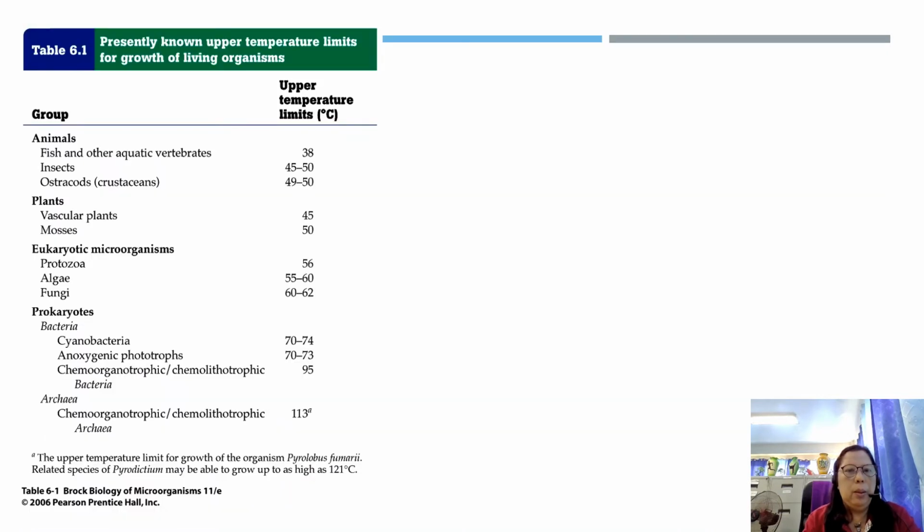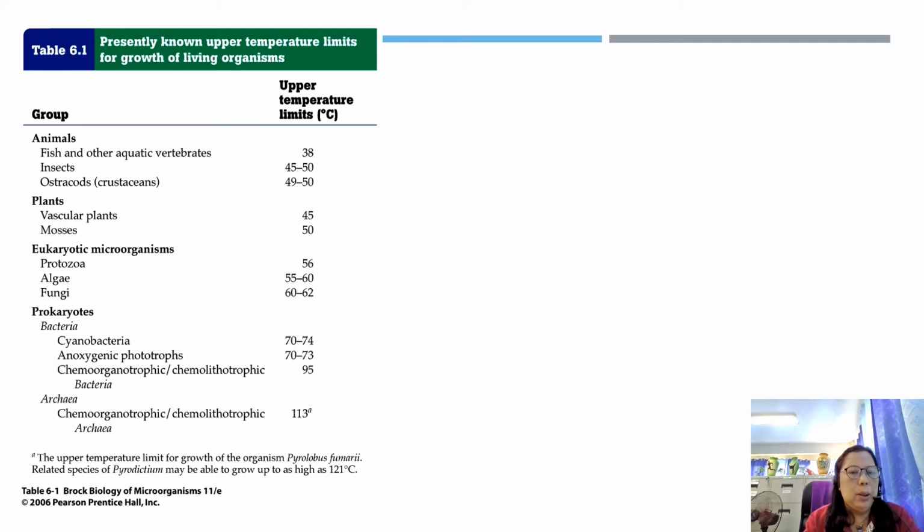And then these are also the microorganisms that thrive in higher living animals, vis-a-vis the temperature. So you can see here that a microorganism could survive within and outside the parts of fish, insects, and crustaceans.